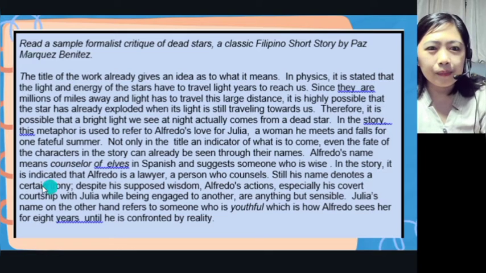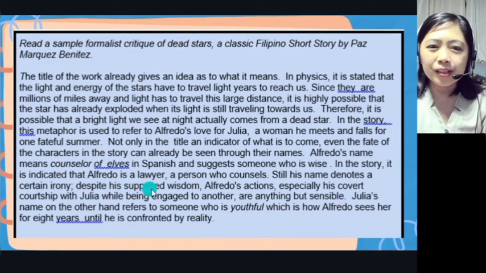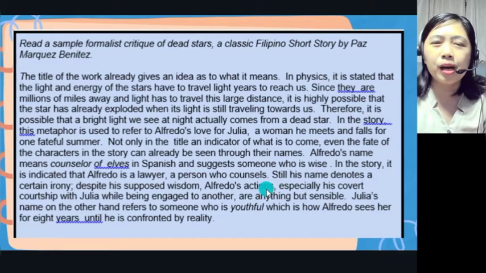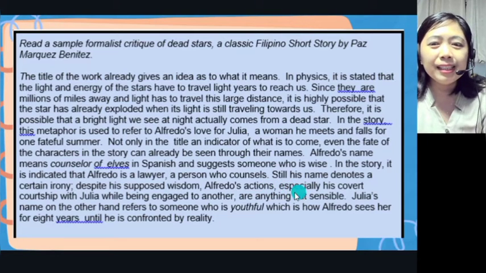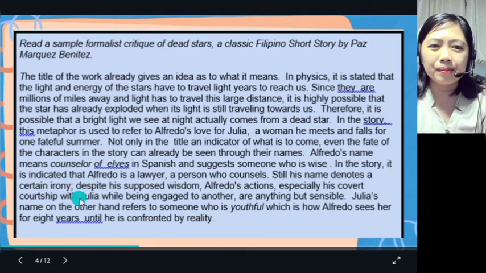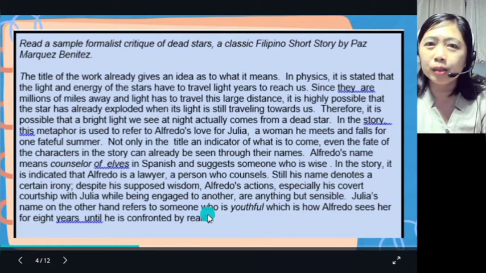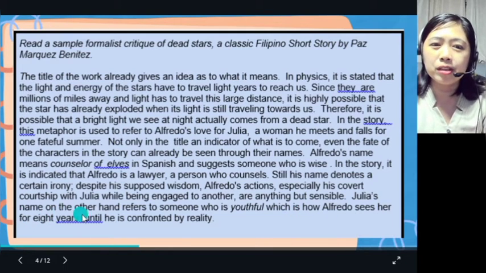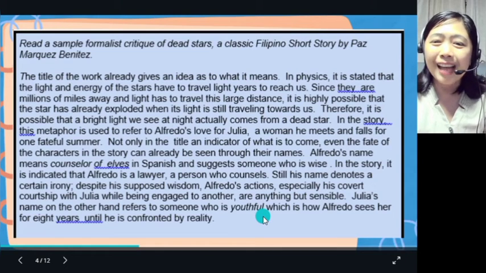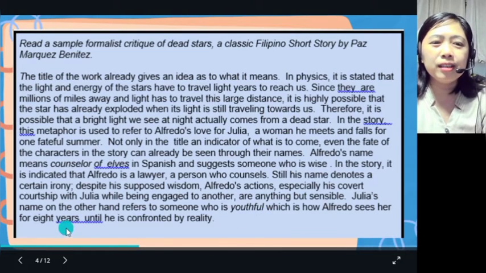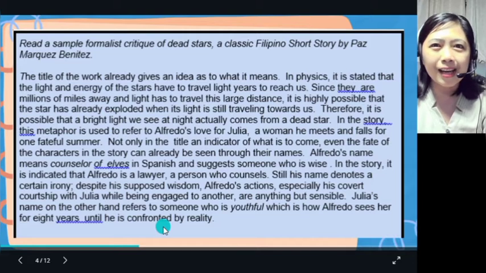In this story, it is indicated that Alfredo is a lawyer, a person who counsels. Still, his name denotes a certain irony. Despite his supposed wisdom, Alfredo's actions, especially his covert courtship with Julia while being engaged to another, are anything but sensible. Julia's name, on the other hand, refers to someone who is youthful, which is how Alfredo sees her for 8 years until he is confronted by reality.